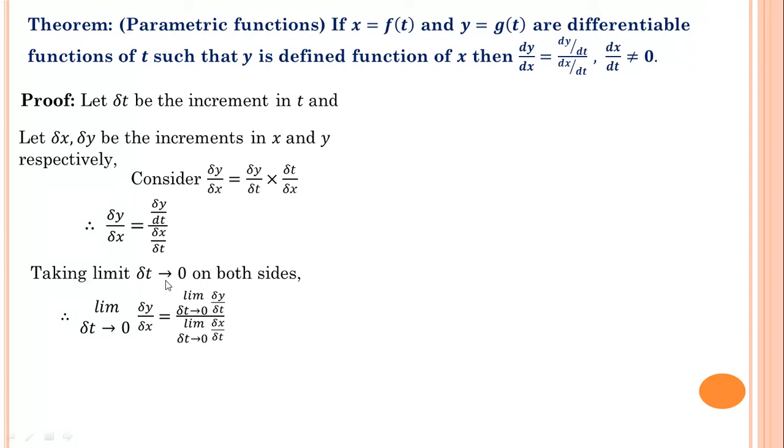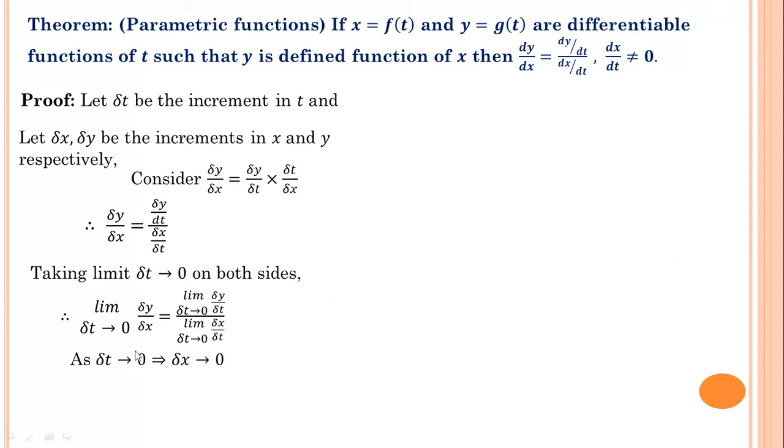But as we know, as delta t tends to 0, that implies delta x also tends to 0. Why is this possible? Because x depends on t. So delta t is the small increment in t. So delta t tends to 0 gives delta x also tends to 0.